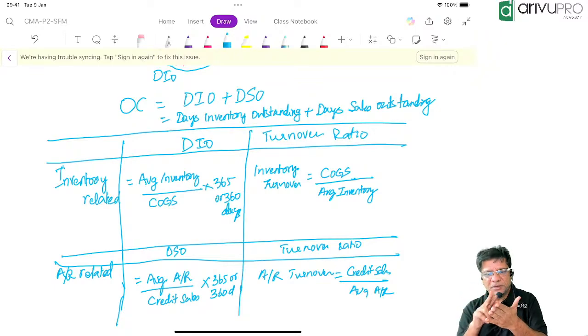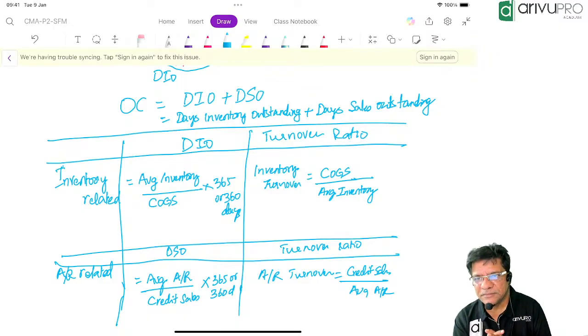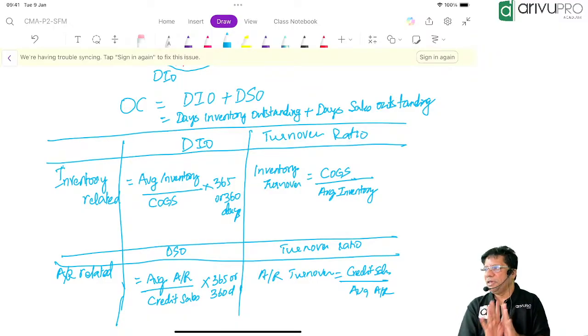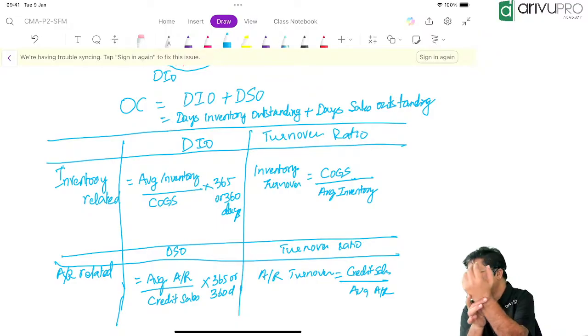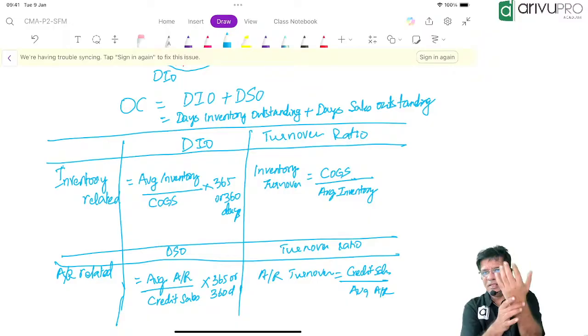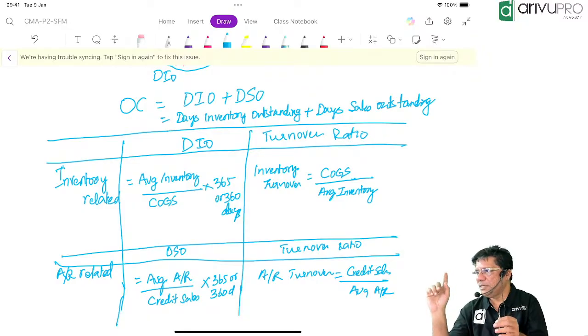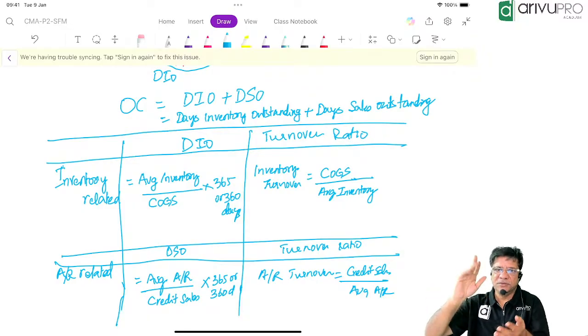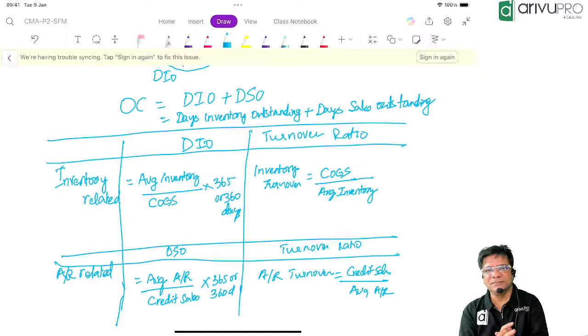You will become a finance surgeon in section B. Now in section A, you are a doctor. In liquidity ratio, you hold the pulse. In activity ratios, you are prescribing. In section B, you will do operating surgery.